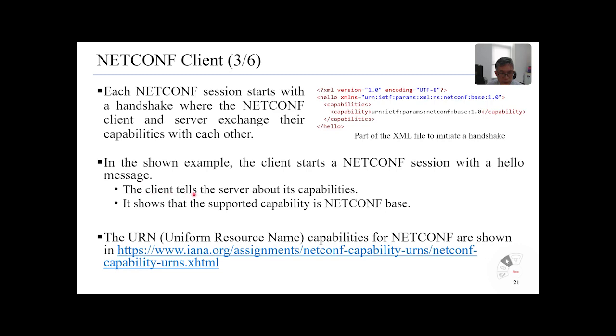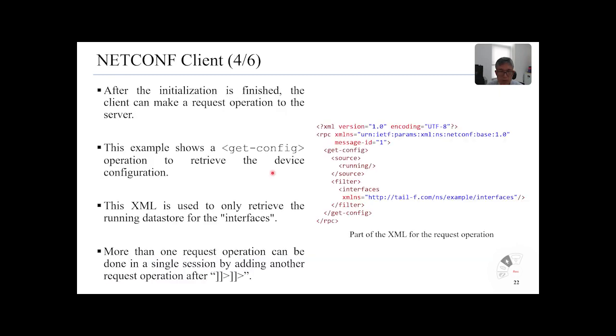The client tells the server about its capability. The capability is NETCONF base, version 1.0. It shows that the supported capability is NETCONF base. And the URN, uniform resource name, capabilities for NETCONF are shown in this link.